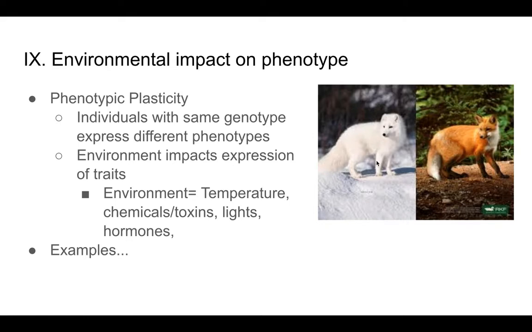Now, what that does for the fox is allows it to exist in its environment, blending in a bit better, right? Which is going to help camouflage, deterring any predators that might be after it, but it's also going to help it camouflage to become a better predator and catch prey. And so seasonal melanin here is shifting the color of the fox's coat based on the temperature of the environment.